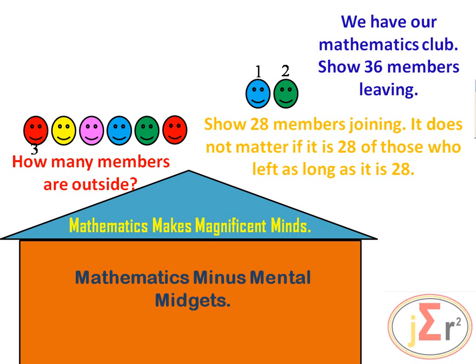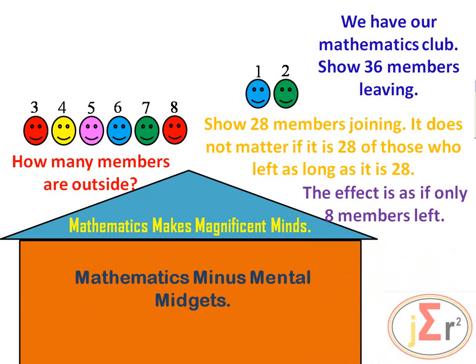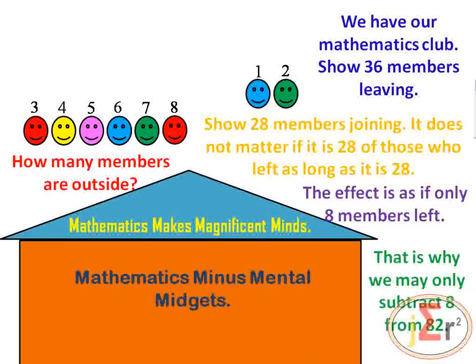But we will count them, and we will ensure that what we have is 8. The effect is as if only 8 members left, as we saw just now, which is what we calculated before. That is why we may only subtract 8 from 82, as we did in the second take of solving the problem.